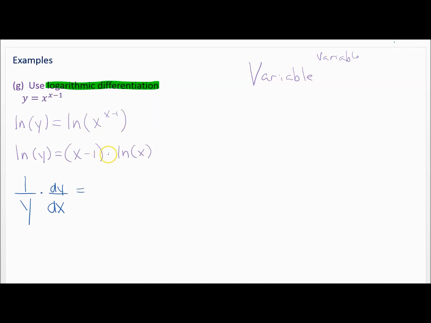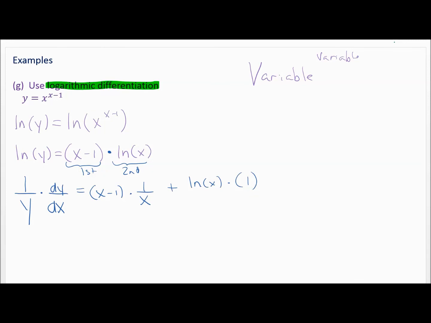This side, I'm going to use the product rule, okay? So this guy right here is the first, this guy right here is the second, right? So I say the first times the derivative of the second. You know, the derivative of natural log of x is 1 over x. And then plus the second, which is natural log of x, times the derivative of the first. And the derivative of x minus 1 is just 1.